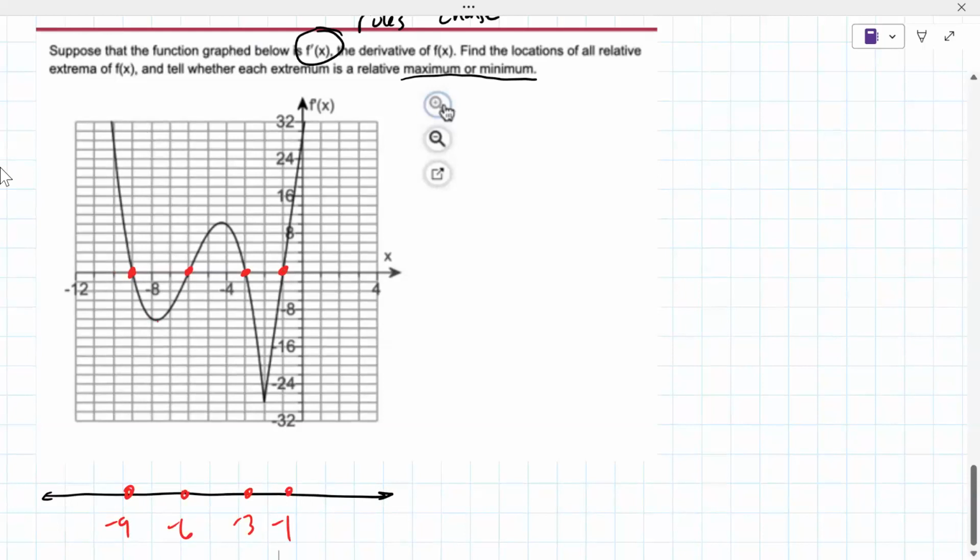Thing two is if it's above the x-axis, we're going to put a plus. If it's below the x-axis, we're going to put a minus. Now we can answer the questions.